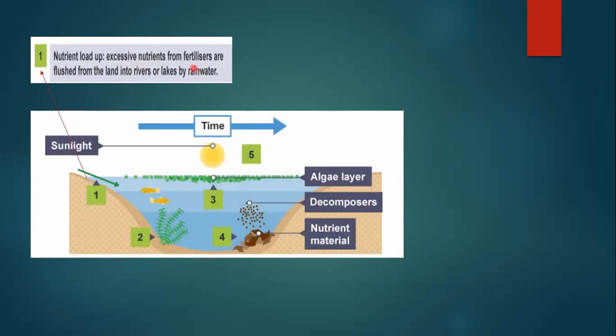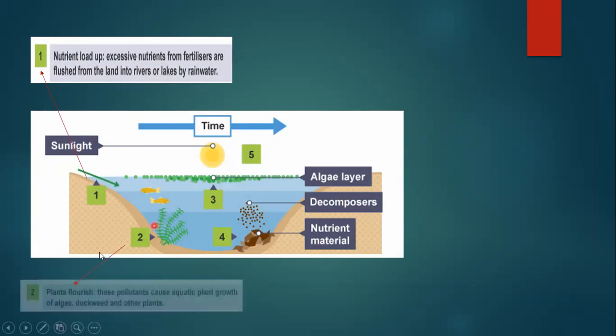Excessive nutrients from the fertilizers are flushed from the land into the rivers or lakes by rainwater. Here it is shown. And what happens due to this? The level of nitrates and phosphates increases and the plants flourish. These pollutants cause aquatic plant growth of algae, duckweed, and other plants.